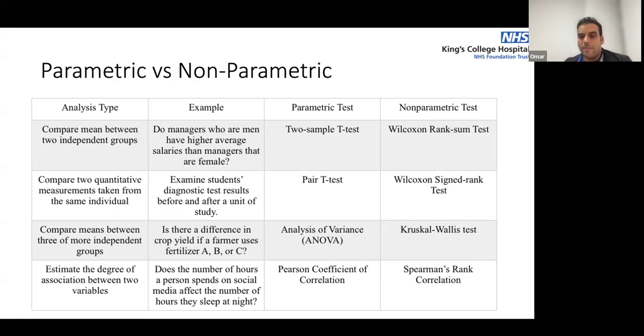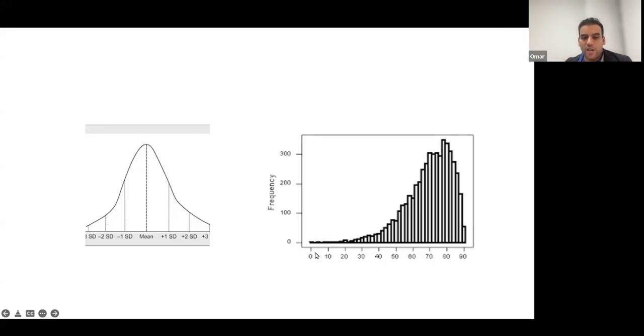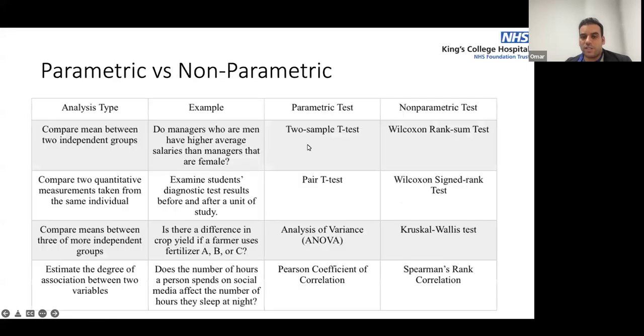A parametric test is for normally distributed data, so that's a bell-shaped curve. You are looking at the mean.